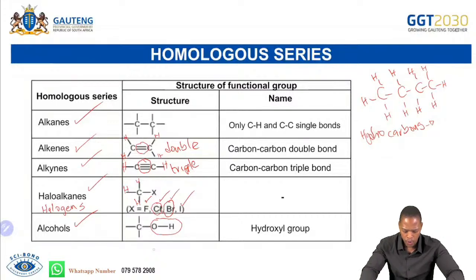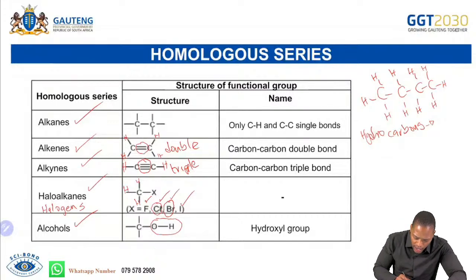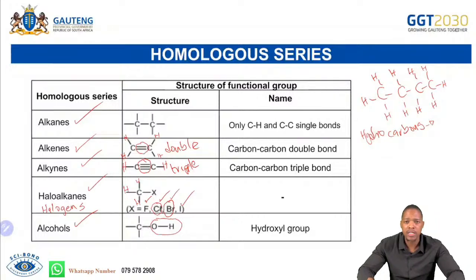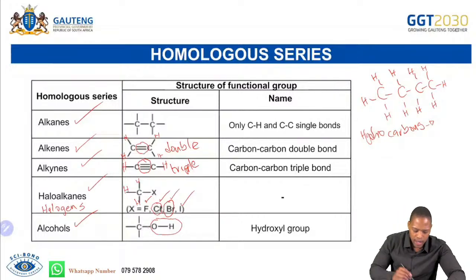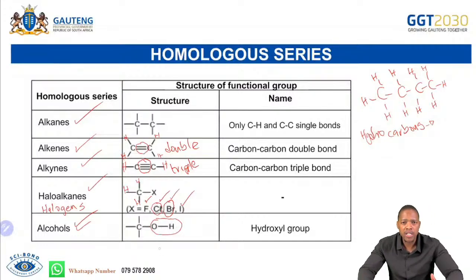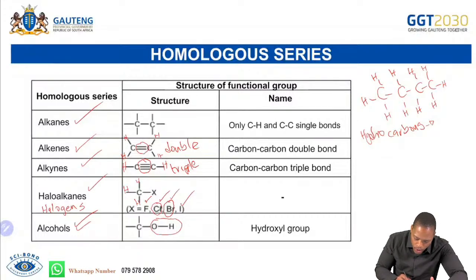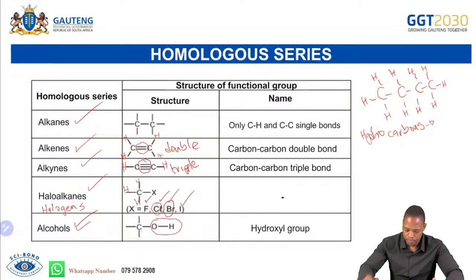Are we together? I hope we're together. Only when I see this and only this, then I can say that it is an alcohol. O bonded to hydrogen, and it must be only that. You will realize later on why I'm stressing that it must only be O bonded to hydrogen, single bonded to carbon.